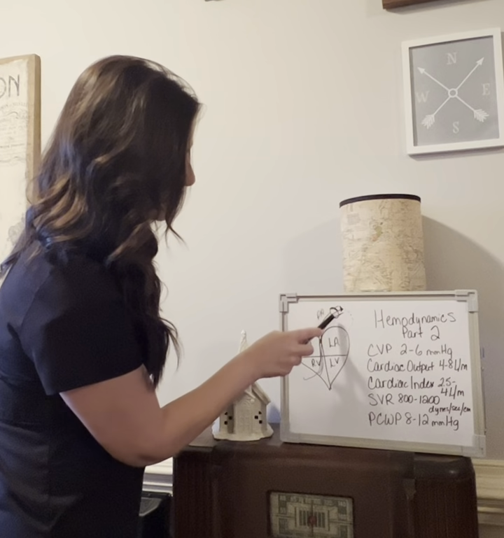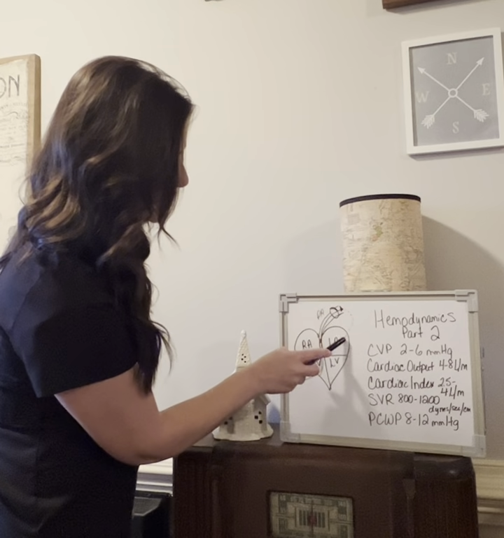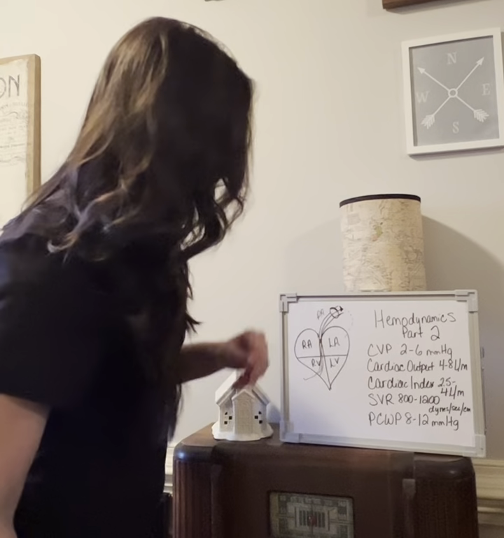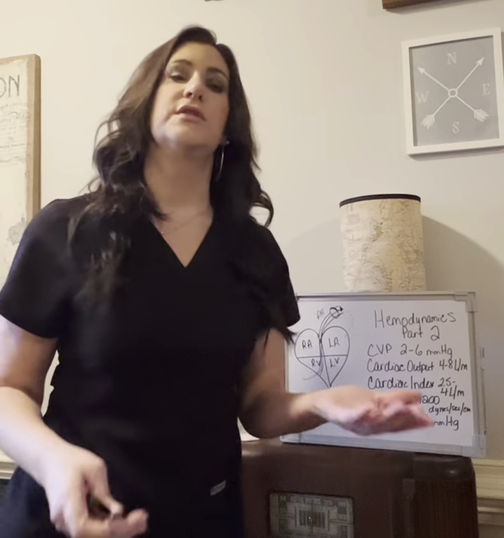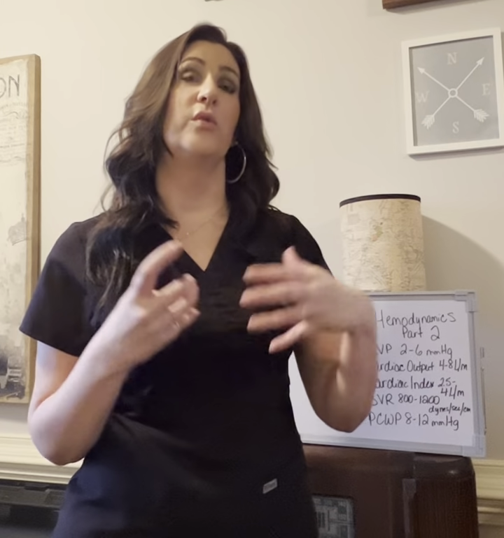The balloon is inflated, occluding this stuff, and it's measuring here. So wedge pressure gives us a reading of pressures within the left atrium, or within the left side of the heart. So what affects wedge pressure?